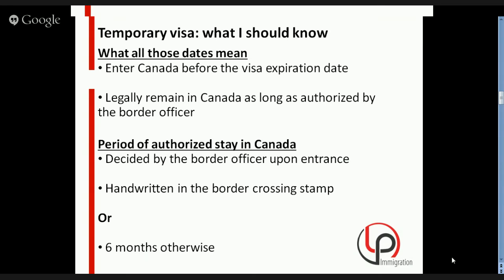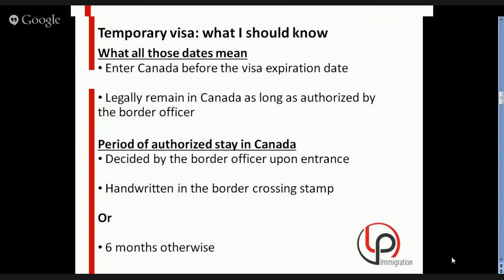So how do you know how long you can stay and remain in Canada? Well, when an individual is entering Canada with his or her TRV in hand, the person has a brief conversation with a border officer. You know all those simple questions asked at every border when you travel around the world. What is the purpose of your visit? How long are you going to stay in Canada? Where are you going to live? And so on, right?